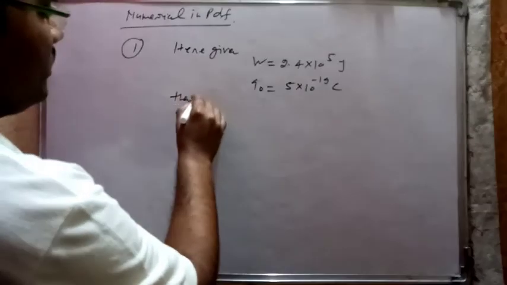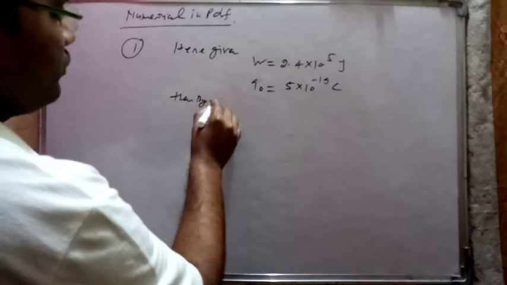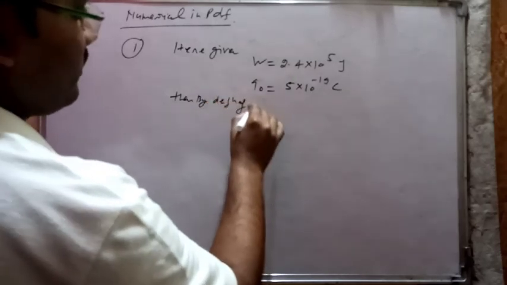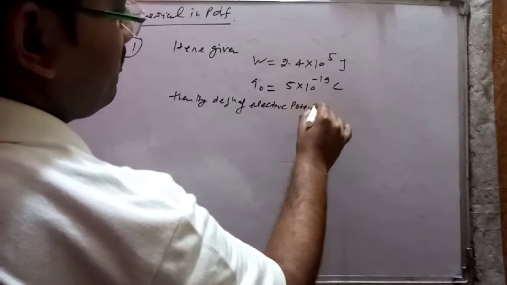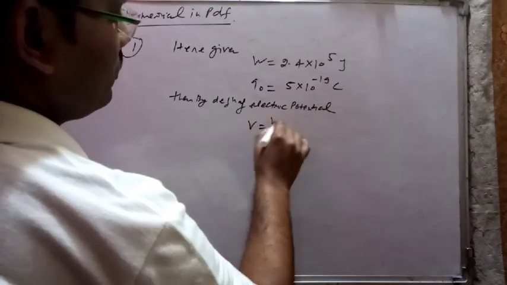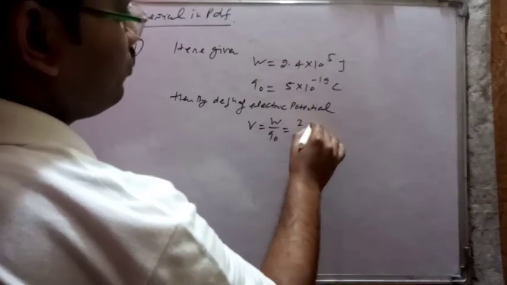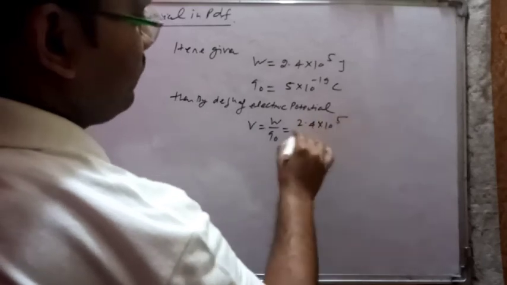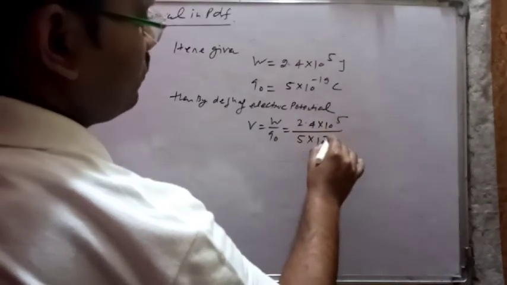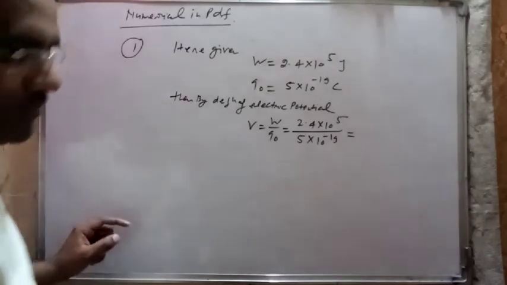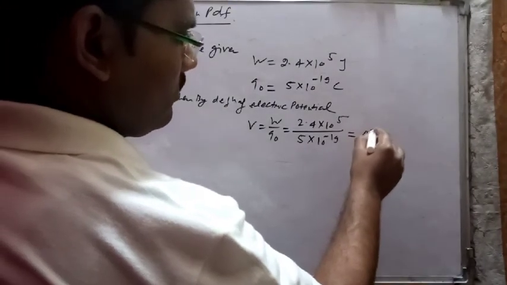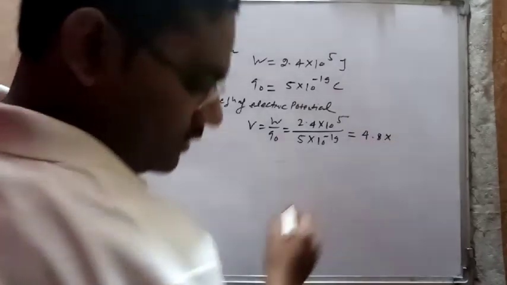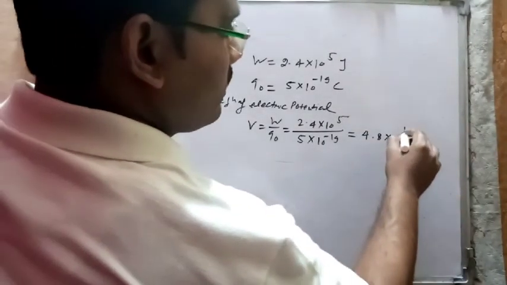Then by definition of electric potential, V is equal to W by Q naught, 2.4 into 10 to the power 5 into 10 to the power minus 19. If we solve this, we get 4.8 into 10 to the power 13 volt.